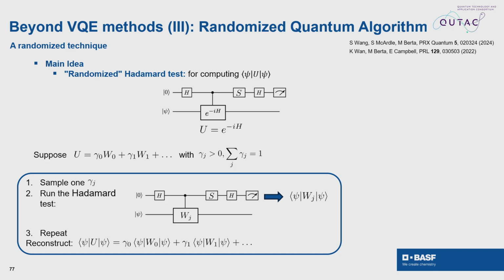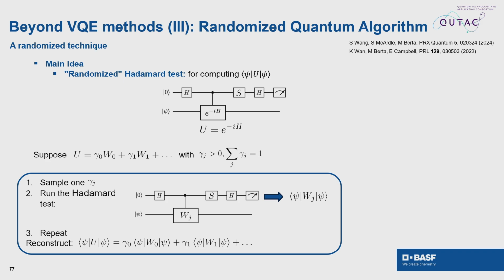Now, what's the idea behind this randomized algorithm? If you can write this operator like this expansion, where these gamma are all positive and they sum up to 1, you can think about this as a probability distribution. So what would you do? You would sample one of these possible gamma. You run a standard Hadamard test, not with the operator U, but the operator W corresponding to the gamma that you have sampled.